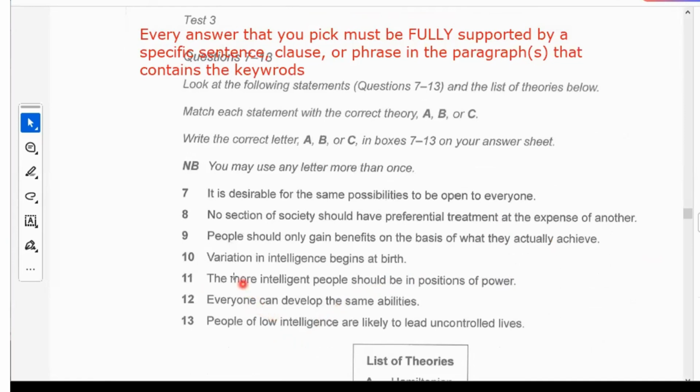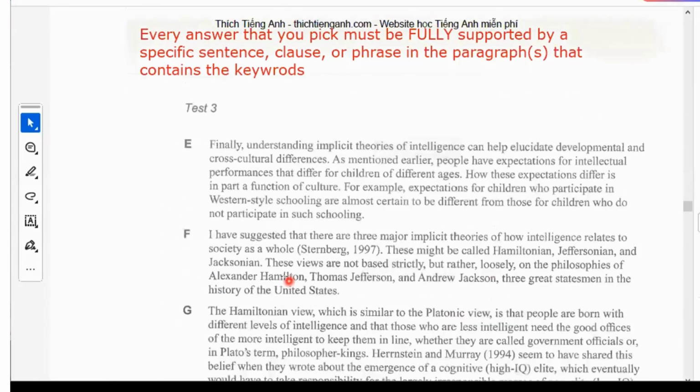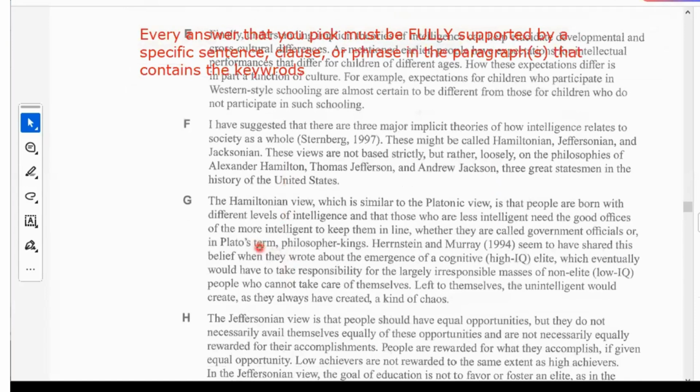Number 11: the more intelligent people should be in positions of power. Let me see. It says that those who are less intelligent need the good offices of the more intelligent to keep them in line. Maybe, I'm not sure yet.